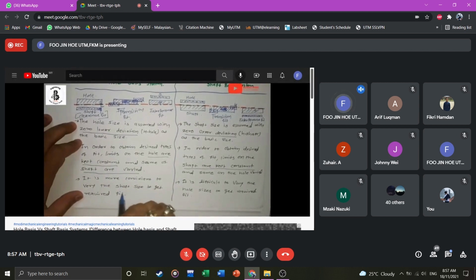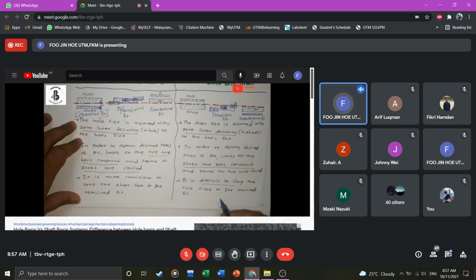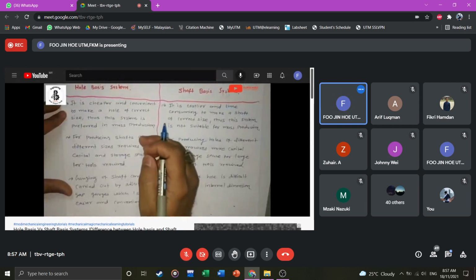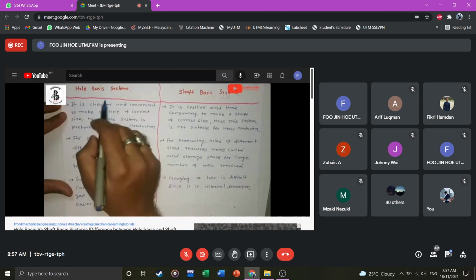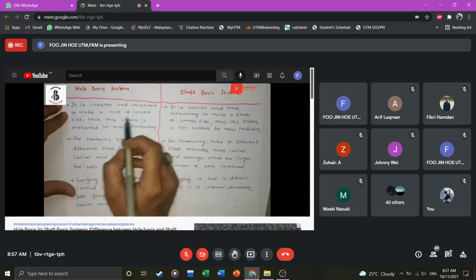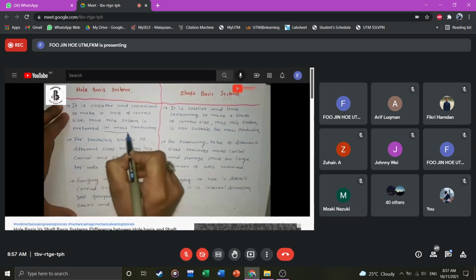We can easily adjust it. But for the shaft basis system, there are difficulties in varying the hole sizes to get the required fit. Some more differences: for the hole basis system, it is cheaper and more convenient to make the hole of the correct size. Thus, this system is preferred for mass production.